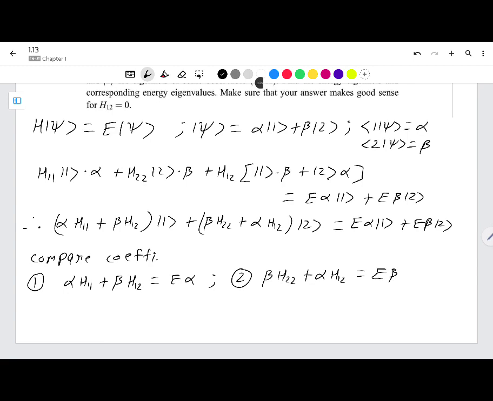Okay, fine. So from equation 1, we try to fix beta.